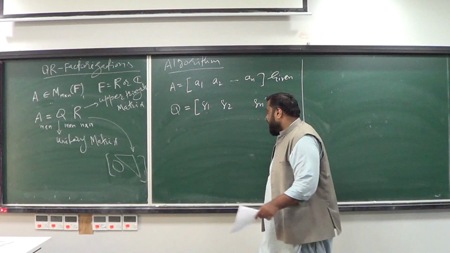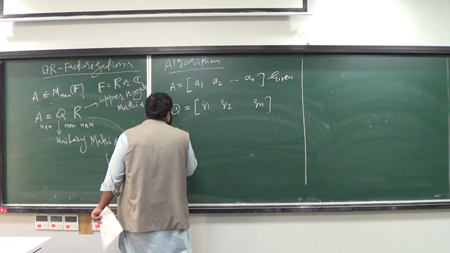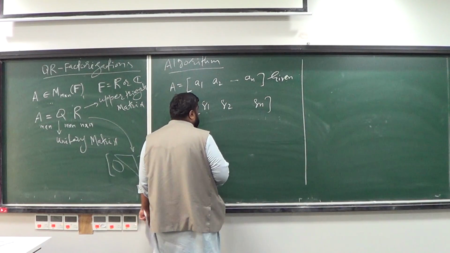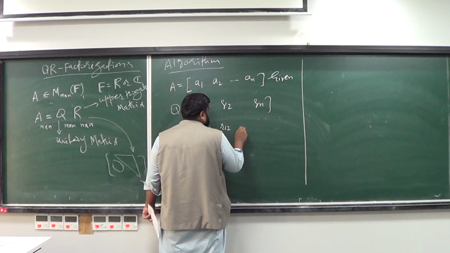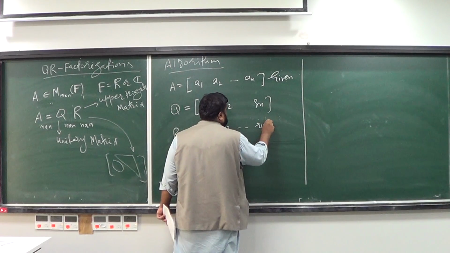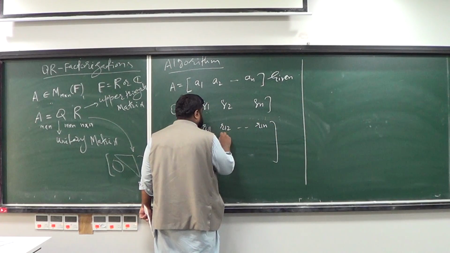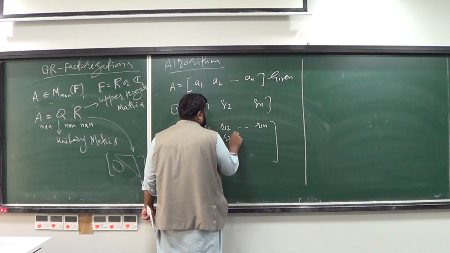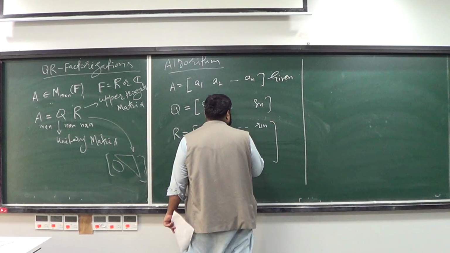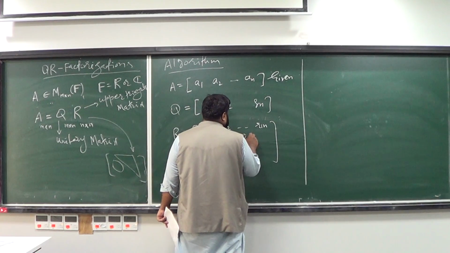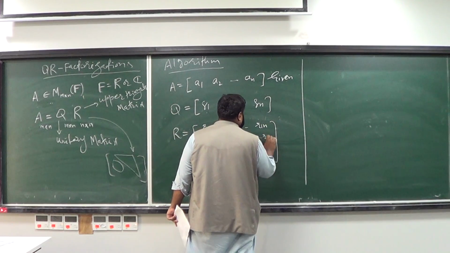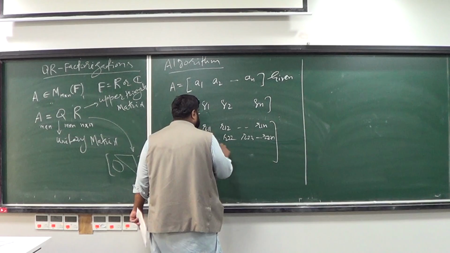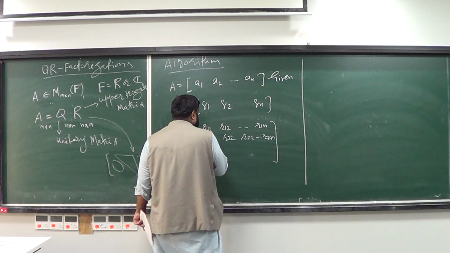And R, I'm going to write it explicitly, is going to be a matrix that goes like R11, R12, up to R1n, and R22, R23, and so on and so forth.